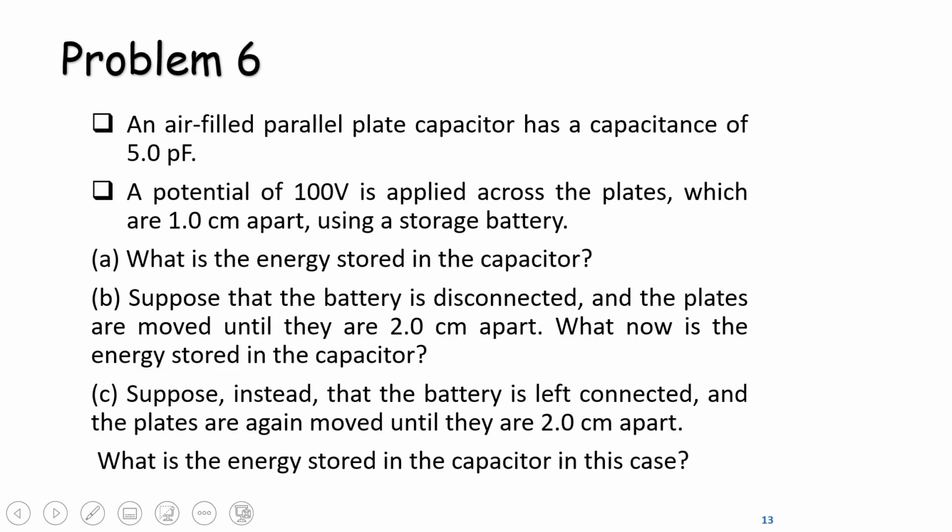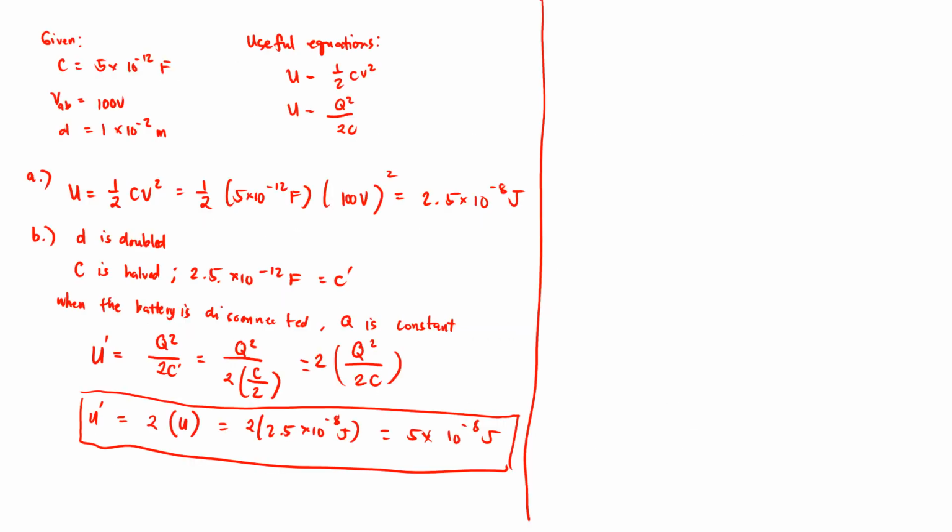And then for letter C, suppose instead the battery is left connected and the plates are again moved until they are 2 centimeters apart. What is the energy stored in the capacitor in this case? Now, if the battery is left connected, this means that the voltage is constant. The process takes place at constant voltage.